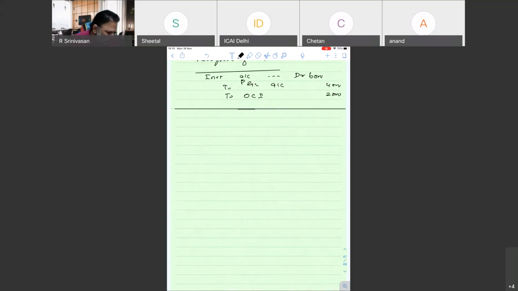In the 109, at the year end of the separate financial statement of P, the investment is valued at cost 46,000 or at a value as per Ind AS 109, fair value through OCI. The investment valued at cost 46,000 or at the value as per Ind AS 109.